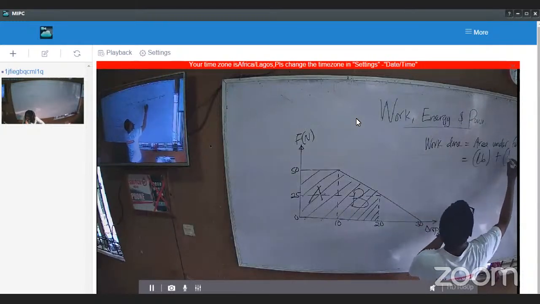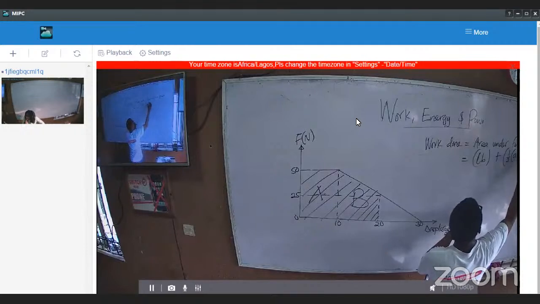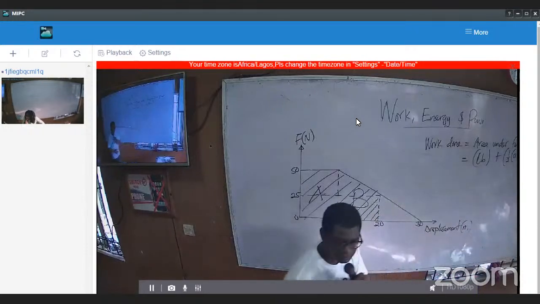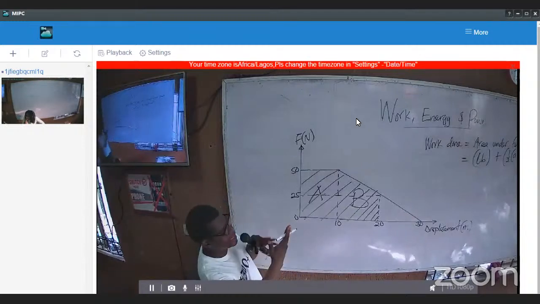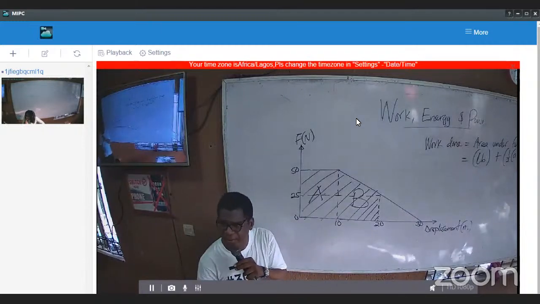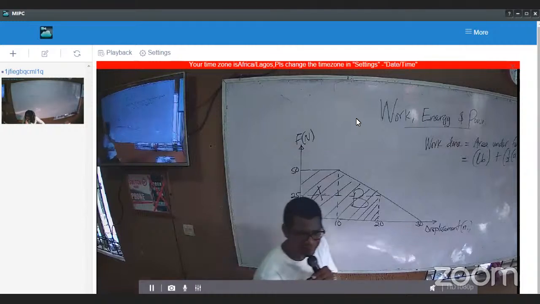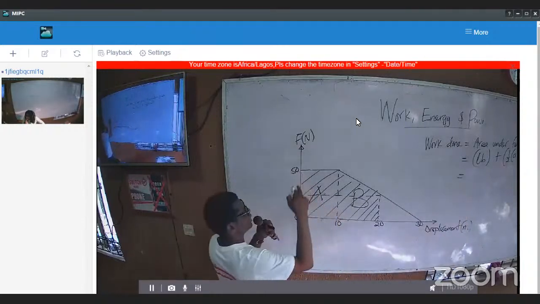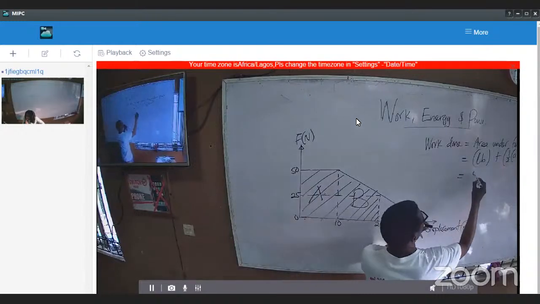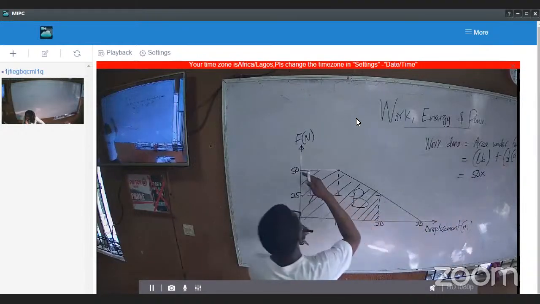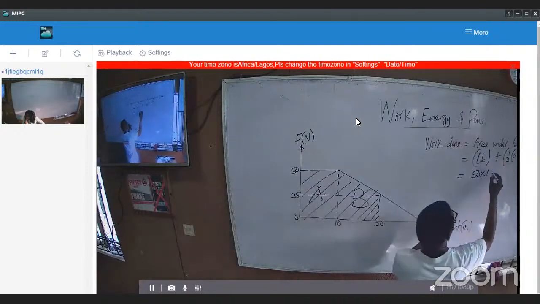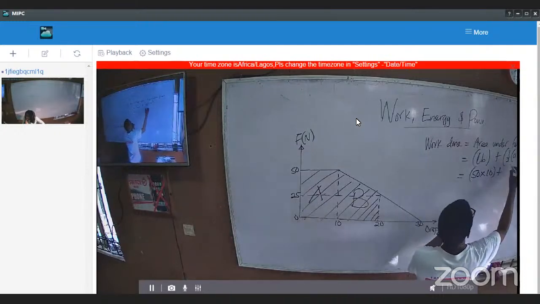The trapezium is half into (a plus b) times h. What's our length? From here to here is 50. Our breadth from here to here is 10. And then you have the trapezium.